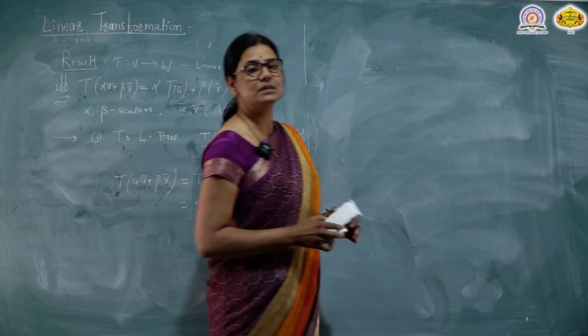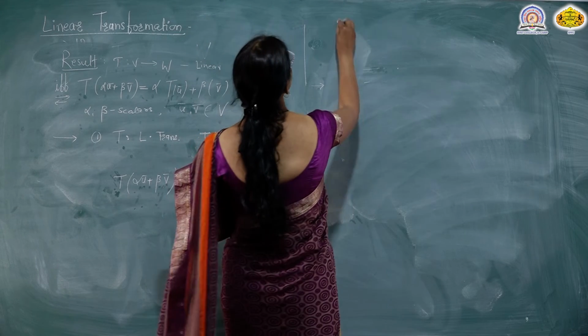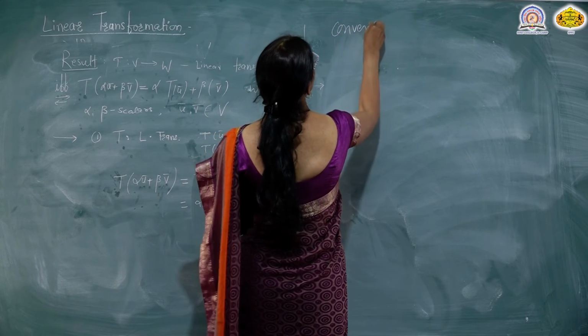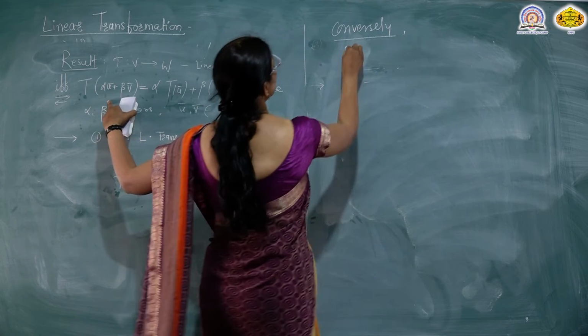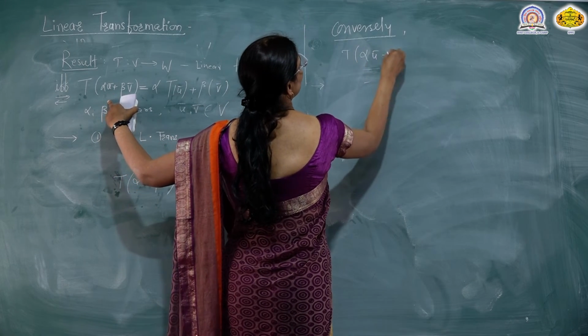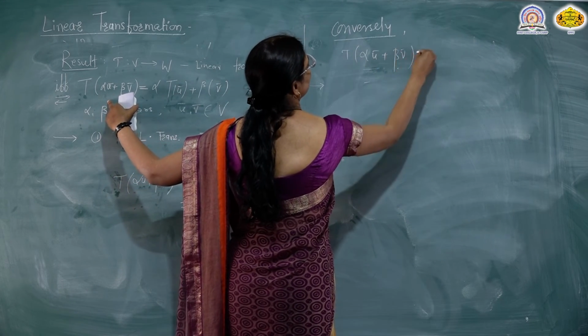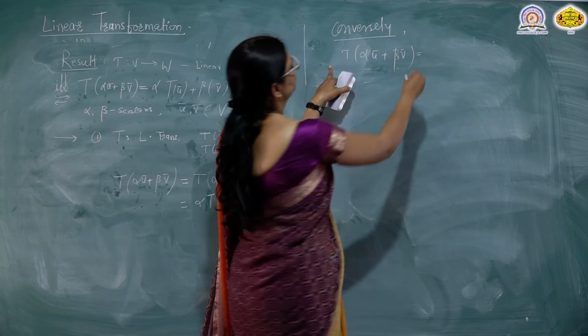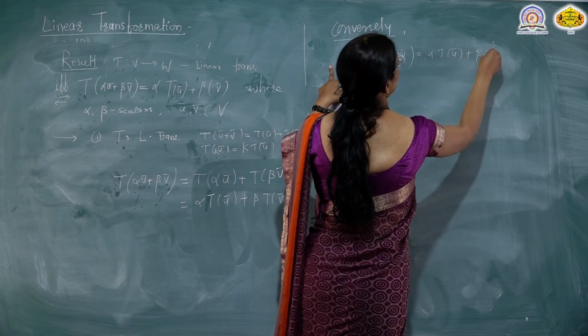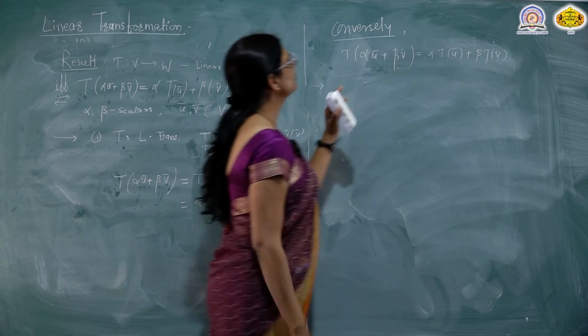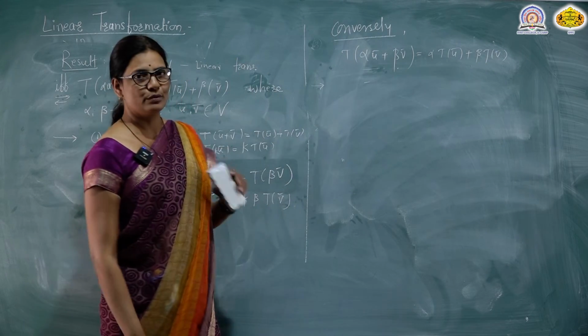So let us prove the converse part. Conversely, suppose T of alpha u bar plus beta v bar is the same as alpha T u bar plus beta T v bar, then prove that T is a linear transformation.